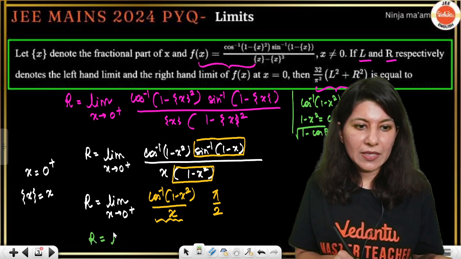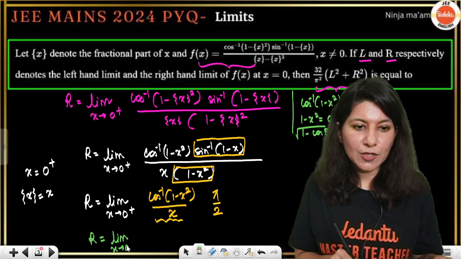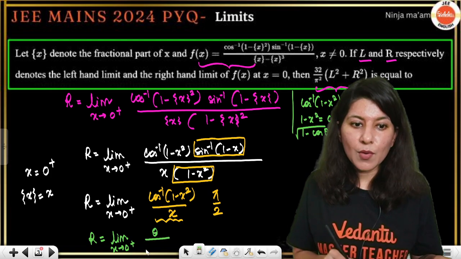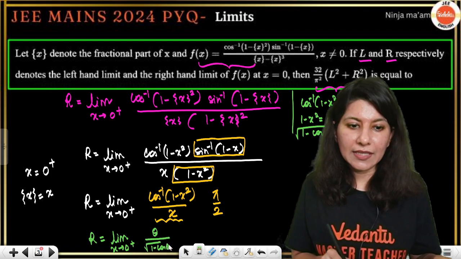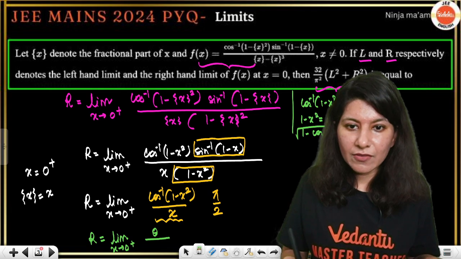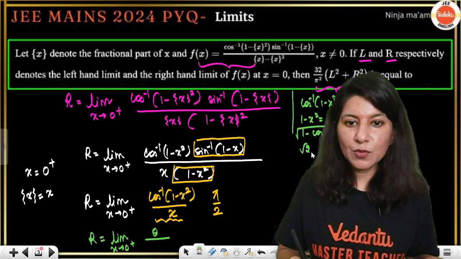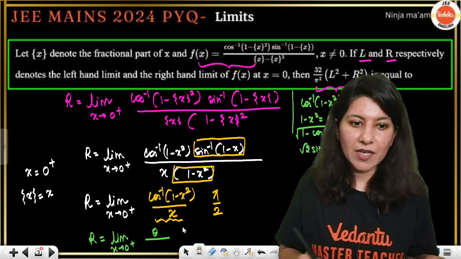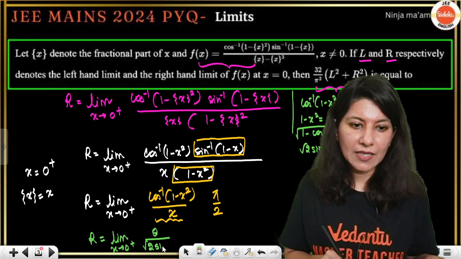So R will be equal to limit x tends to 0 plus theta upon square root of 1 minus cos theta, which is root 2 sine theta by 2. Perfect. So this is root 2 sine theta by 2. Pi by 2 is already there.